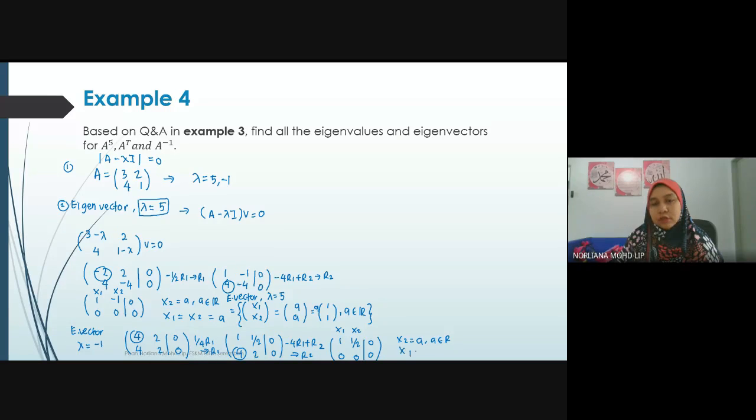Then x1 equal to -1/2 x2, which is -1/2 a.